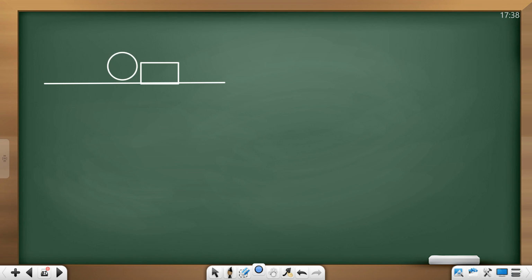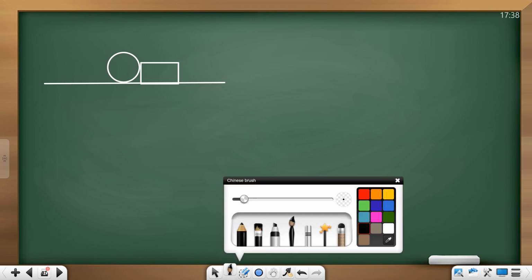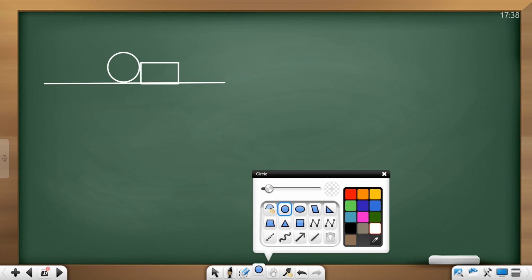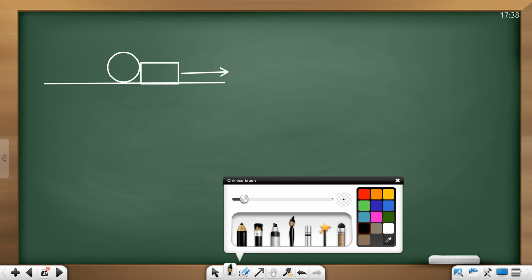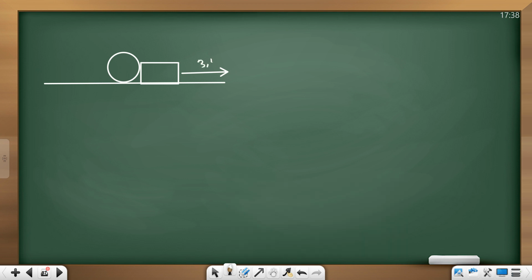Boom, they collide. After collision, definitely, we're going to have that object moving to the right at 3,5 meters per second, which is the final velocity. Its initial velocity is 0.